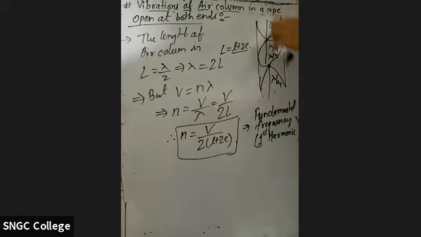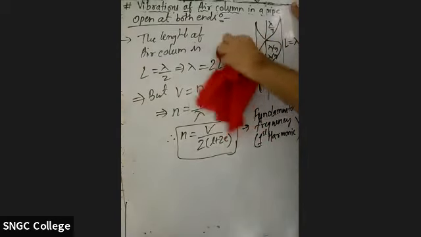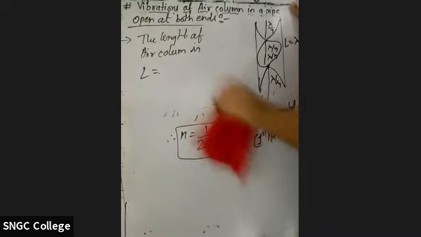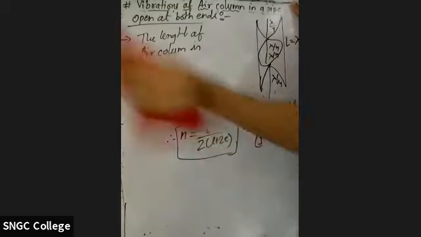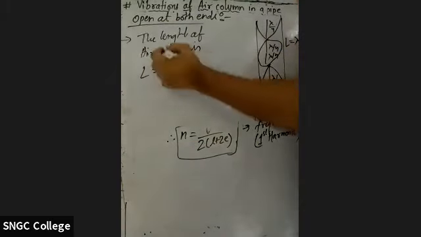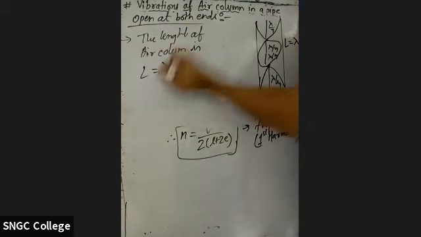So 1, 2, 3, 4, 4 lambda by 4, which gives you L equal to lambda. So in this air column, the length of this is equal to lambda 1.